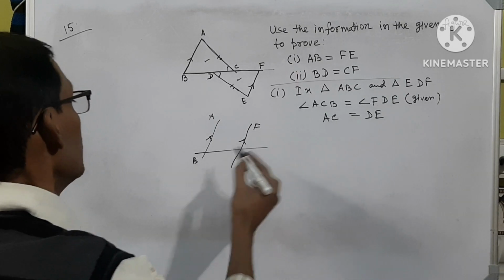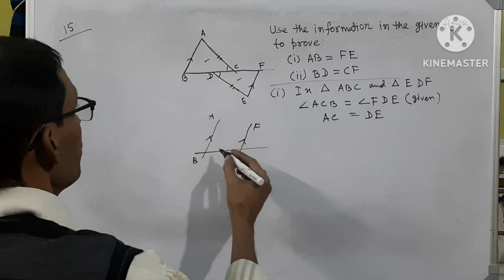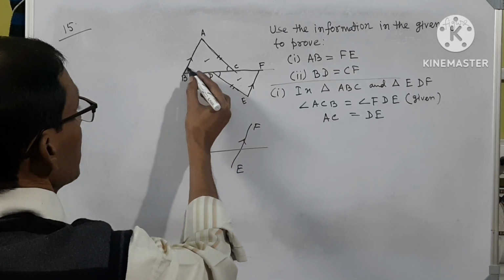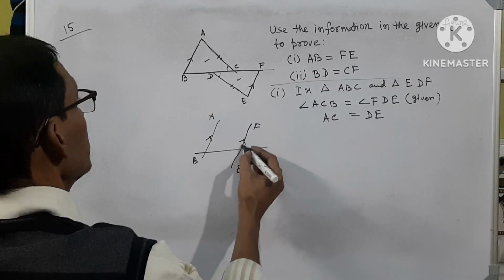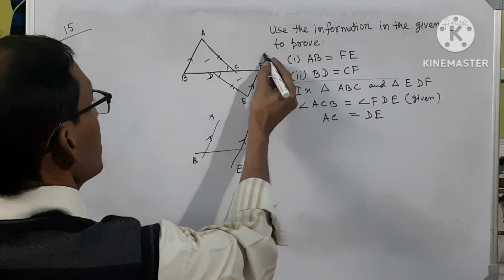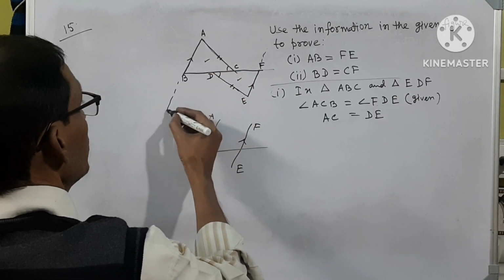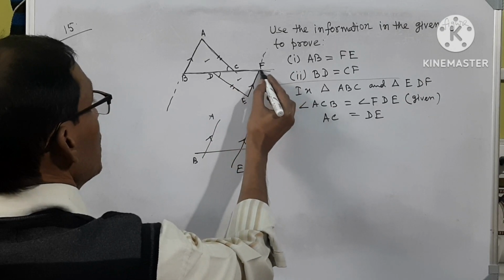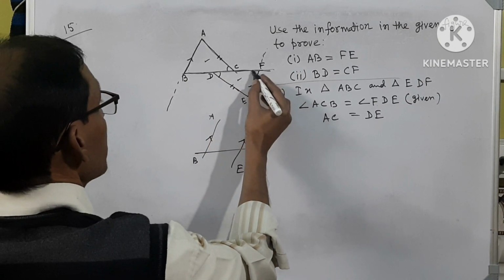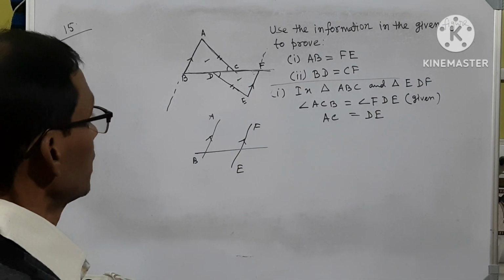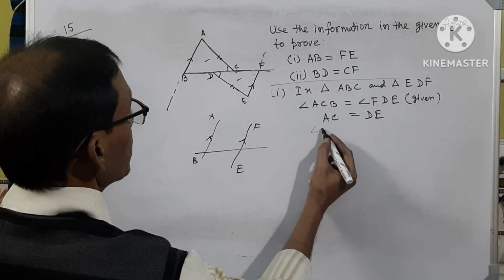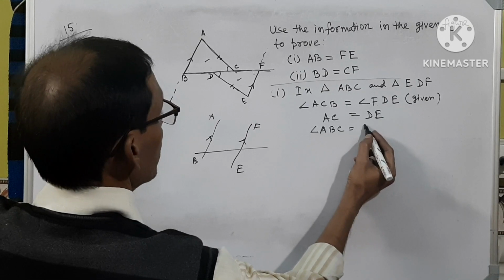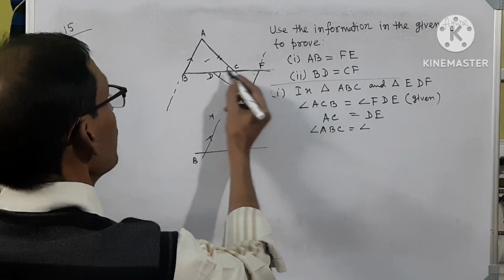And we talked about this: if something is a transversal, then this angle and this angle. This line is parallel to this line. So this line is the transversal. So this angle and this angle become alternate interior angles. So angle ABC will be equal to angle EFD.